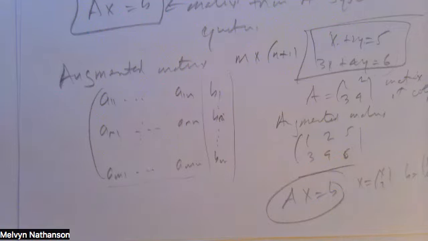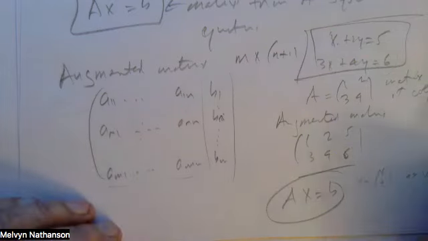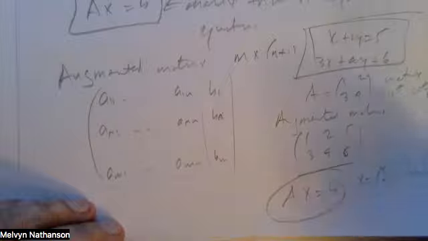Now, the augmented matrix allows us to do Gaussian elimination a little bit more efficiently than we did in the previous chapter.